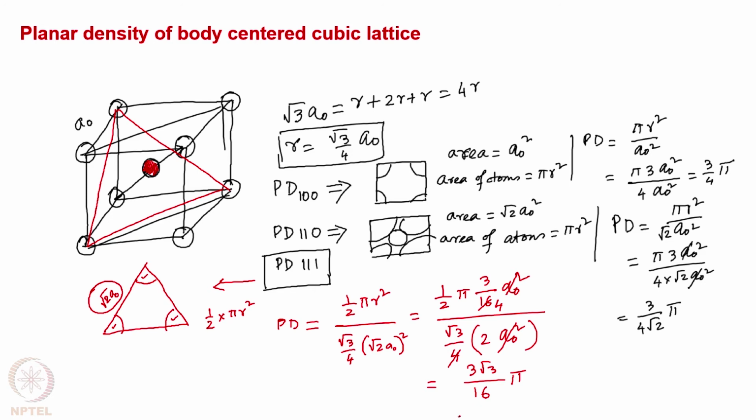So this is the planar density for the 111 plane in body-centered cubic lattice.